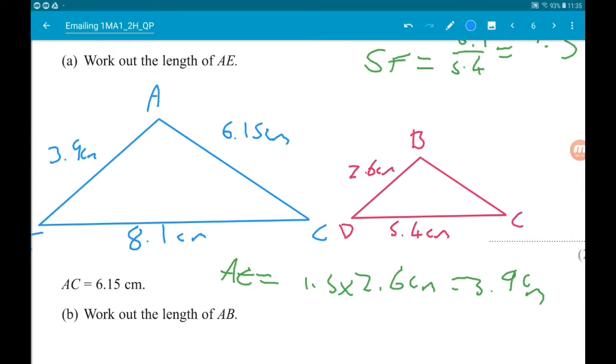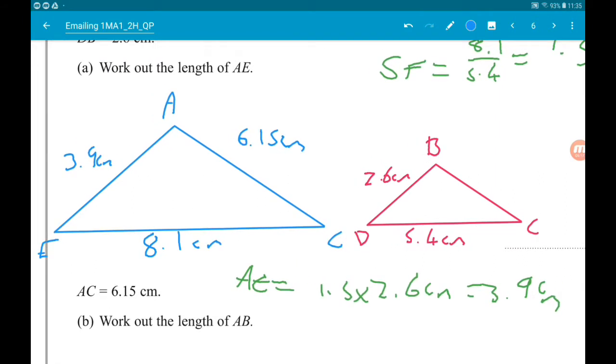So to get from the length of the big triangle to the length of the small triangle, we divide by the scale factor. So BC is 6.15 divided by 1.5, and that gives us 4.1.